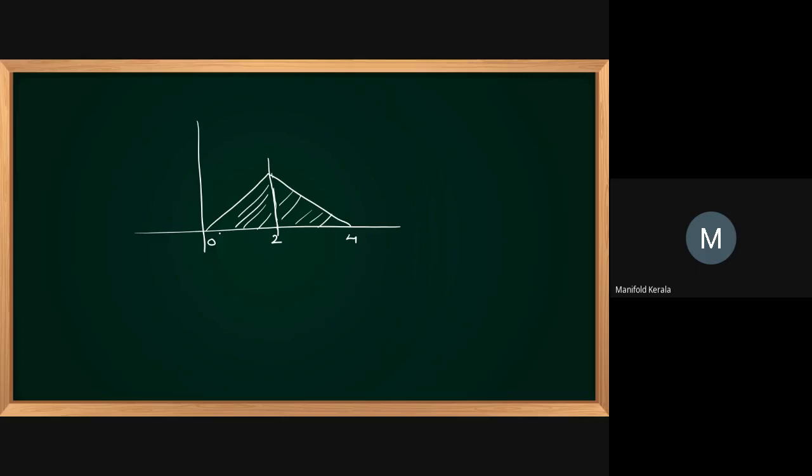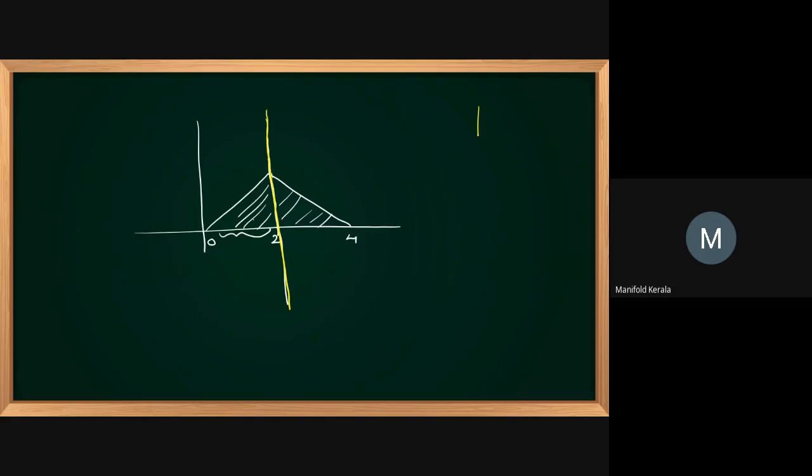So I just need to consider the energy of this part and multiply it by 2 to get the total energy. This is applicable only if you have symmetry about some axis. Along the axis x equal to 2, it is symmetric, correct? If you have any symmetry for a particular figure, then you can easily evaluate the energy by simply taking twice.